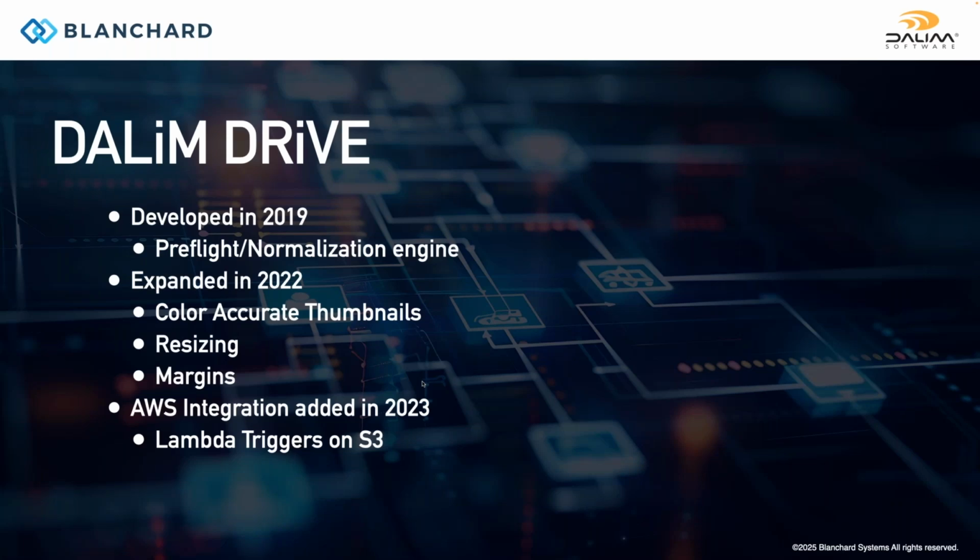In 2023, they did more of an AWS integration with it, where before you'd have to have JDF communication, and some code that actually submitted files to S3. Well, they work with Lambda triggers, so now you can drop files in an S3 bucket that's being watched by Lambda. Lambda sees it and fires off the Drive. So it just improves that process.